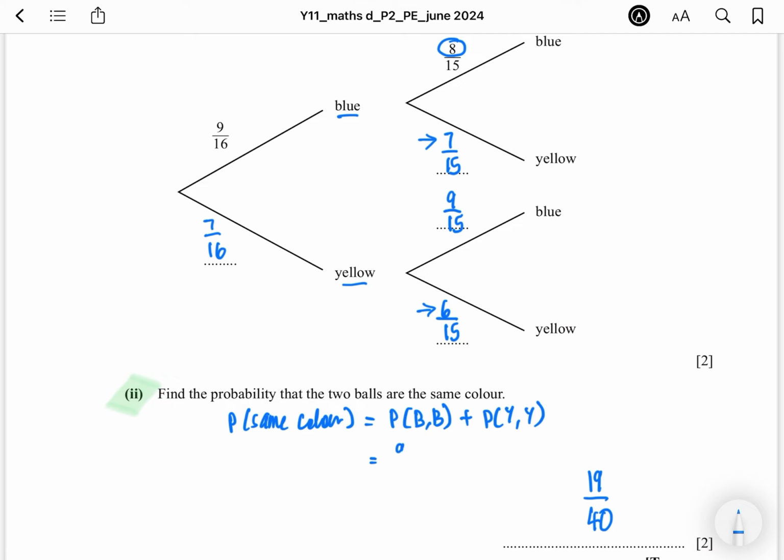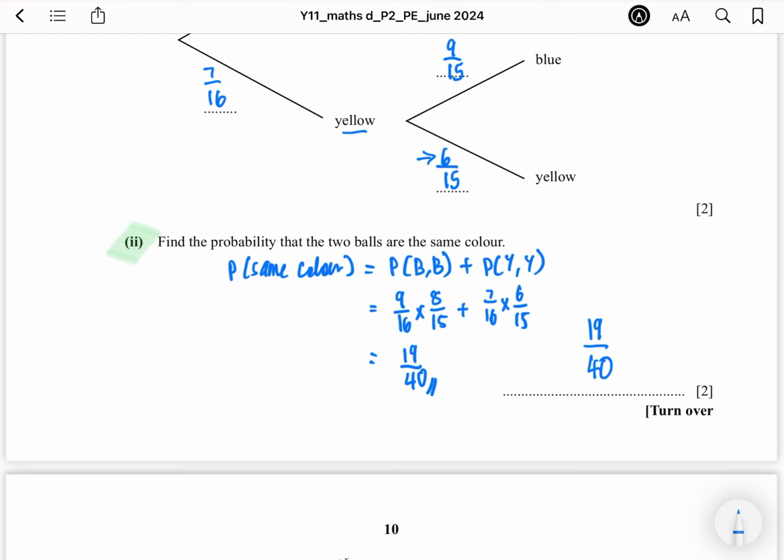So all I have to do is multiply the probabilities of blues together and add it with the probabilities of yellows together using a calculator, and you will get 19/40, which is the final answer.